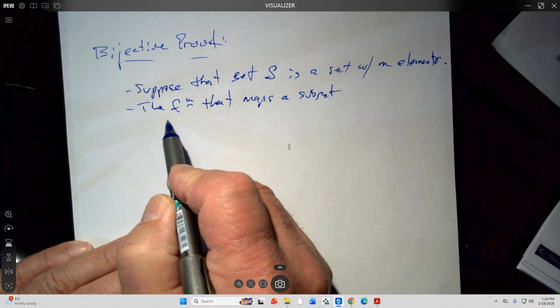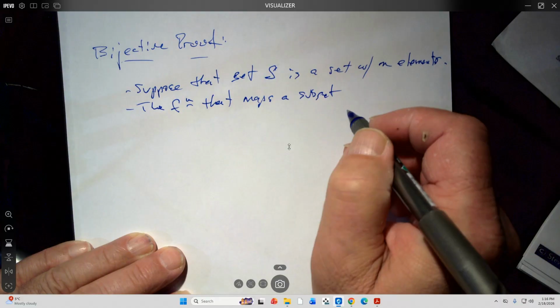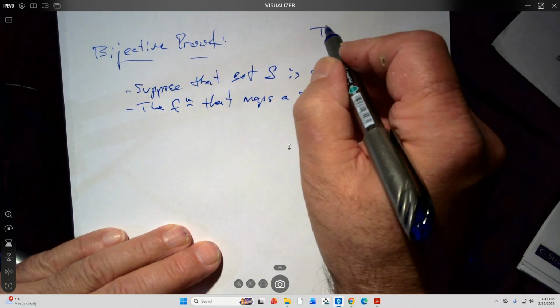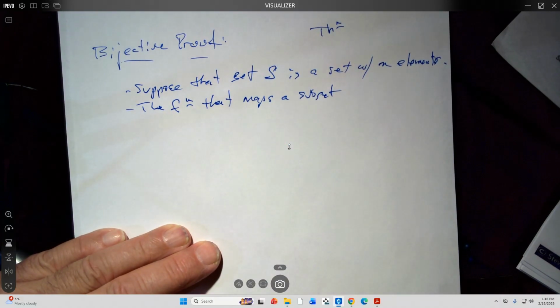I'm using this shorthand to say function. Okay, I use this shorthand for theorem.